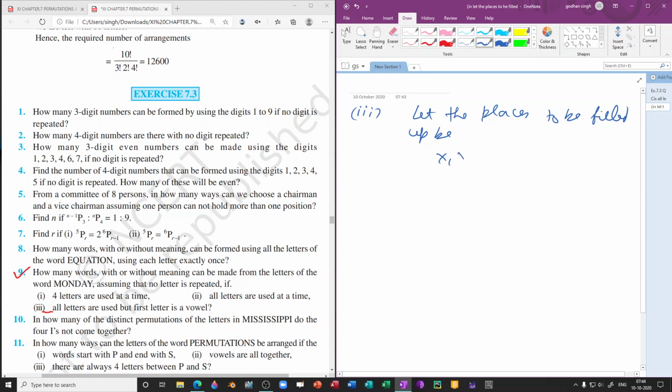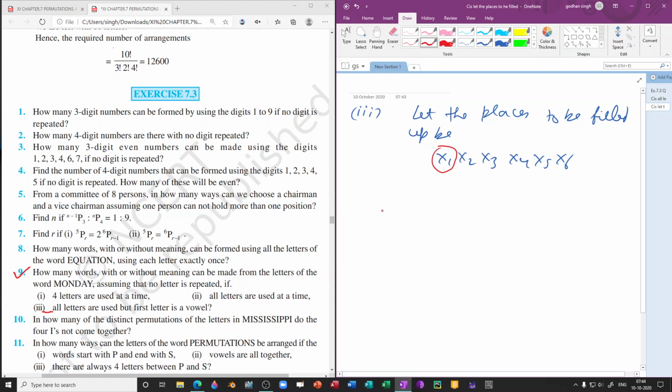There is x1, x2, x3, x4, x5, x6. Now it says that all letters are to be used, but first letter is a vowel. So the first one, that is x1, has to be a vowel.